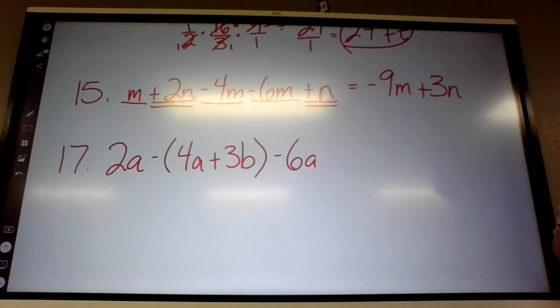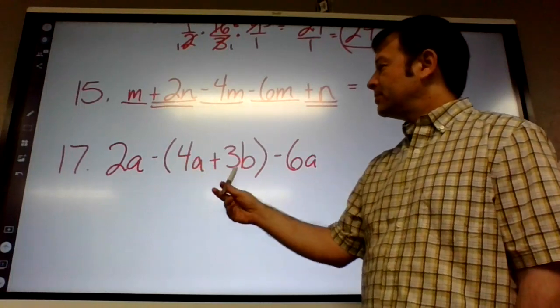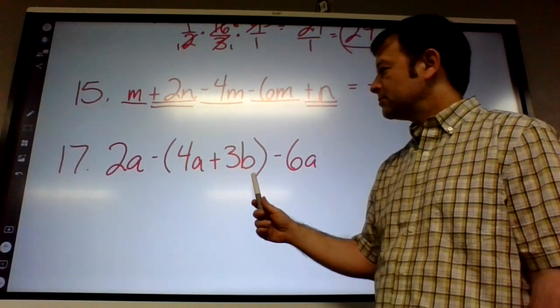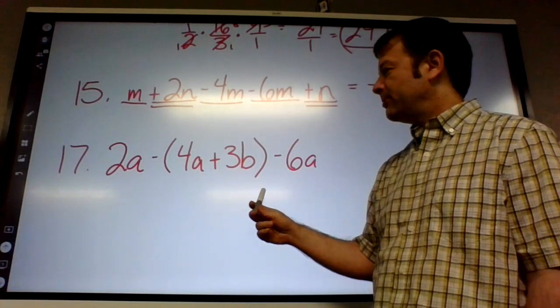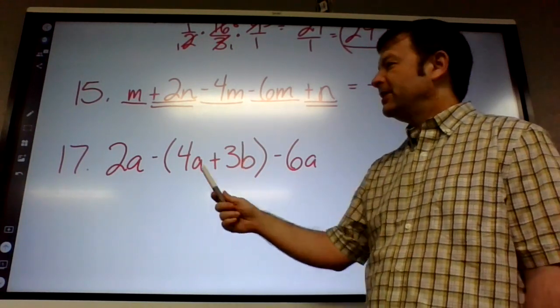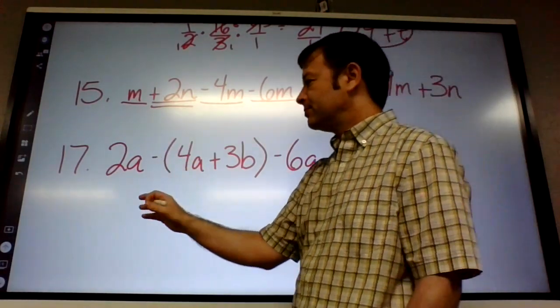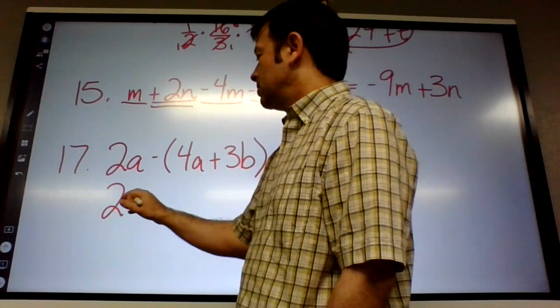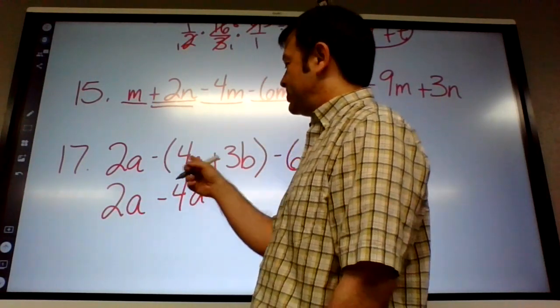Okay. Sophia, how about this one? What about this parentheses though? Do we need to worry anything about that? Well, if there's a minus in front of parentheses, what do we need to do? Yeah, we need to subtract both of these.